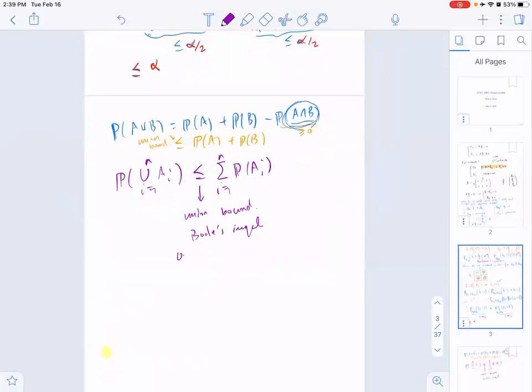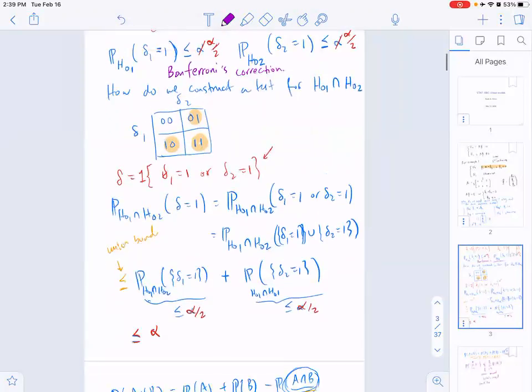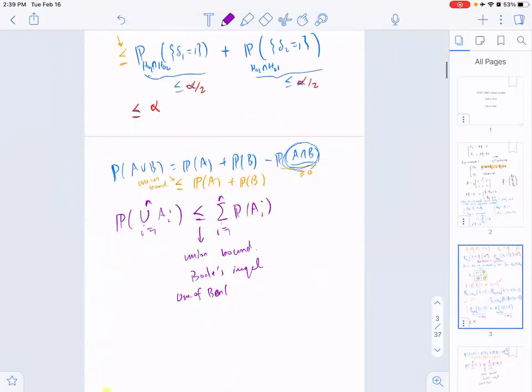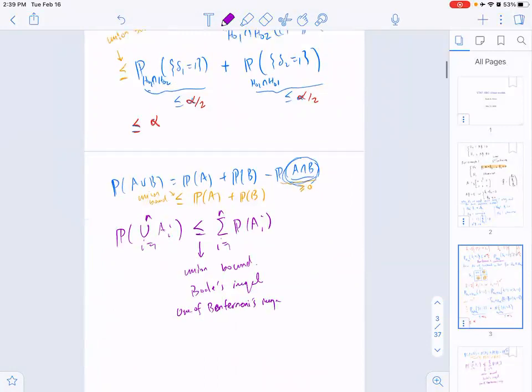So like the first Bonferroni inequality. He has multiple inequalities, but this is one of them.